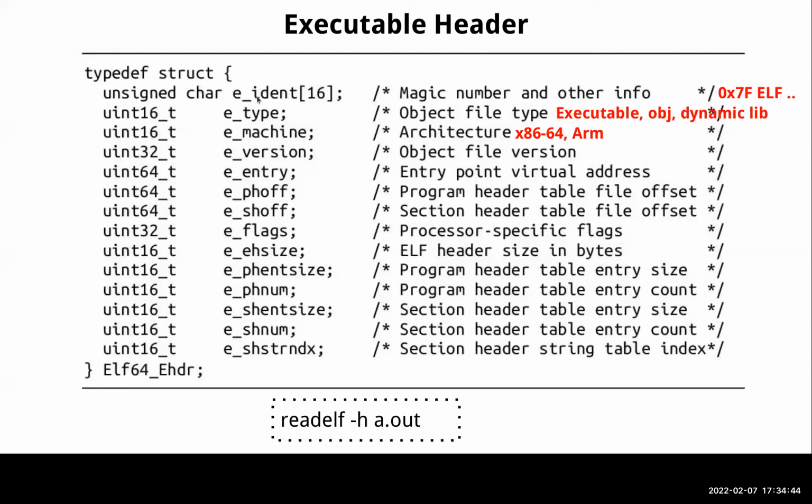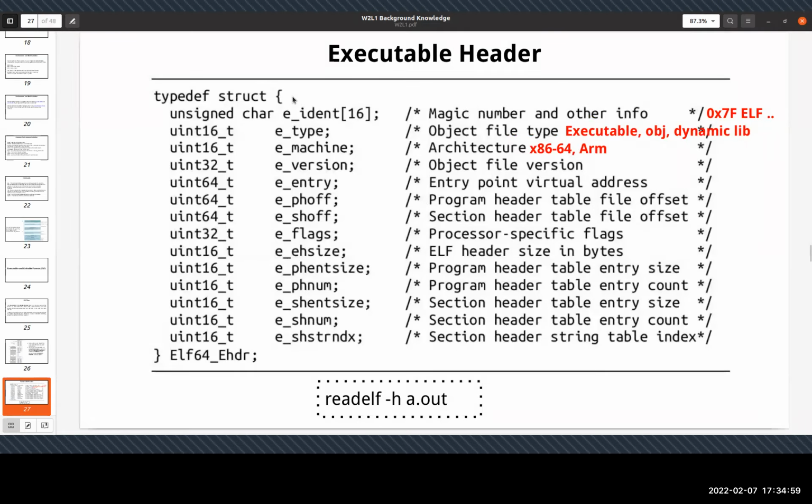That field is called ident, which could be identity. It always starts with a 4-byte magic number, which is 7F and the ASCII letters ELF.